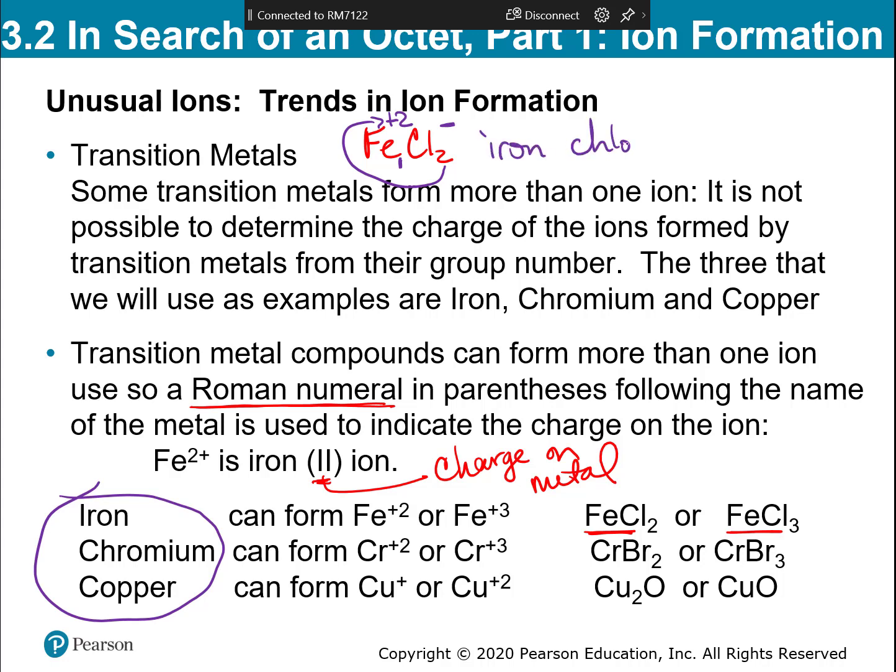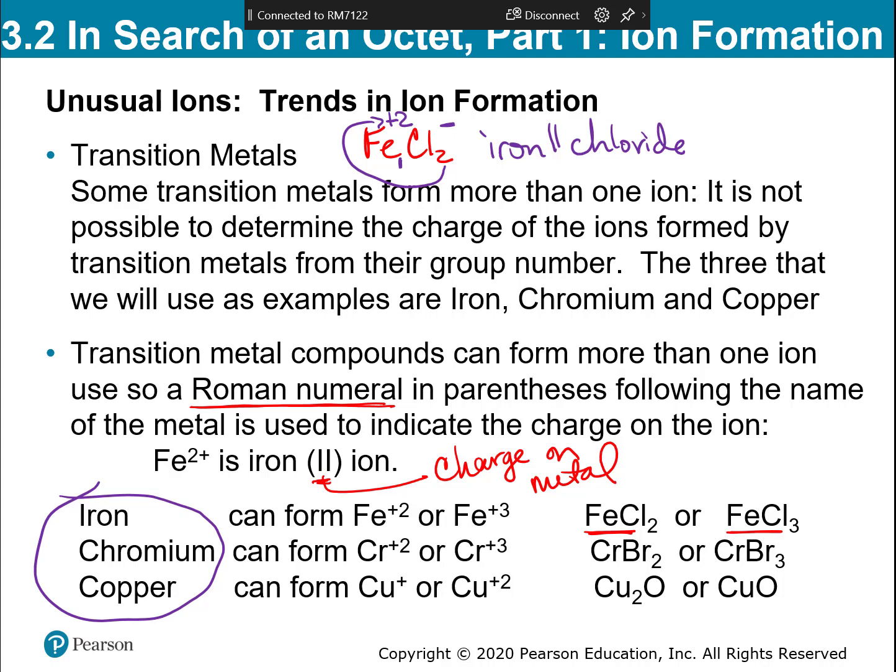Iron chloride, right? But because the iron is a +2, you're going to put a Roman numeral 2 in between. You can use parentheses or not, your book is really good about using the parentheses. It doesn't really bother me if you forget the parentheses. I would not mark that wrong. But see that the +2 is the reason why it's iron 2 chloride in the name.